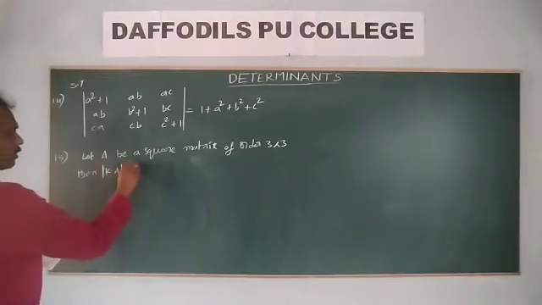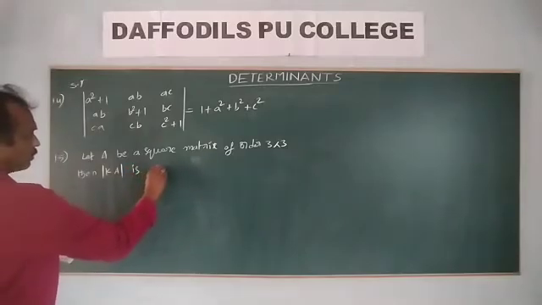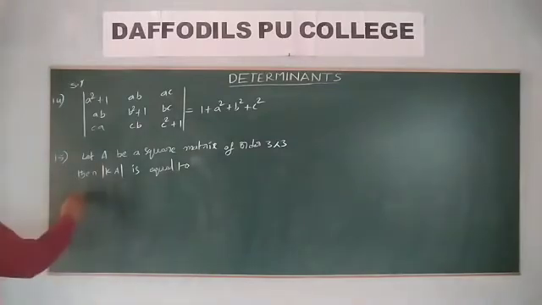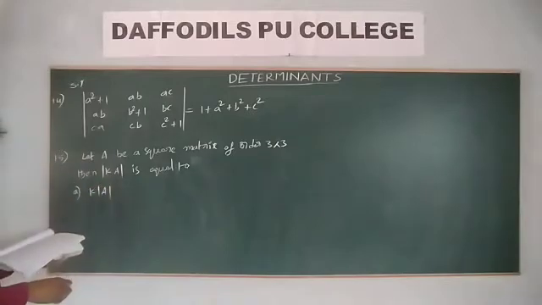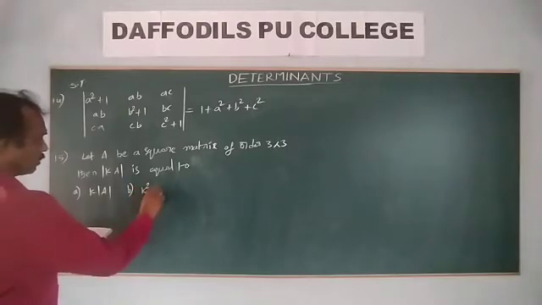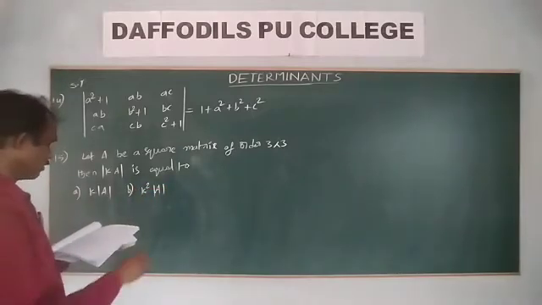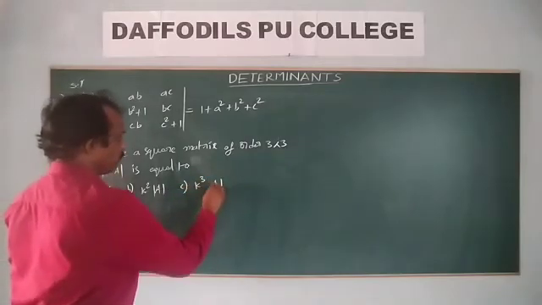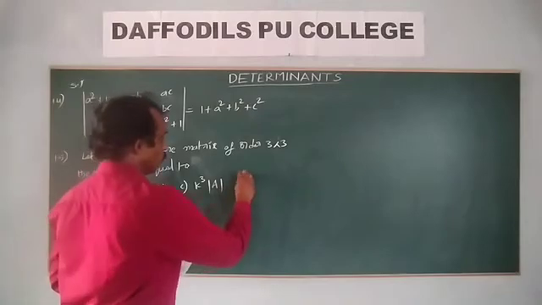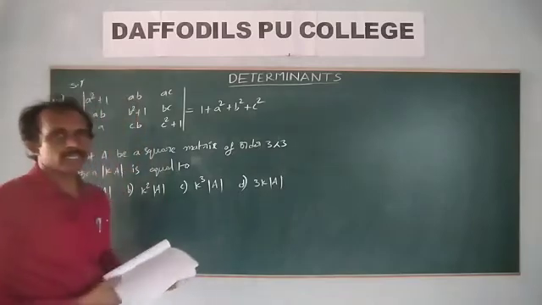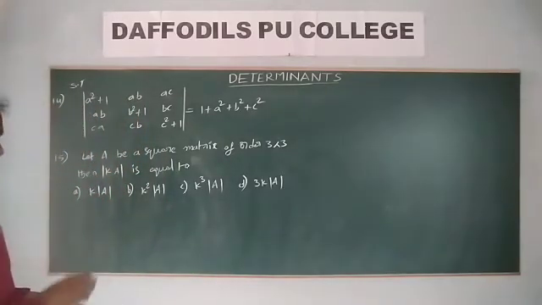the determinant of kA is equal to, multiple choice question: first option, k into A; second option, k square into A; third option, k cube of A; fourth option, 3k of A. Okay, see.